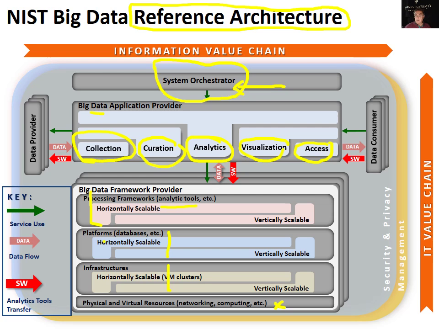We have here these cross-cutting things like security and privacy, which remember was cross-cutting in the Apache Big Data Stack. And right at the top is where the value is, because that's where the user or the decision maker is sitting, looking at the results using the visualization tab to see what all of this means.